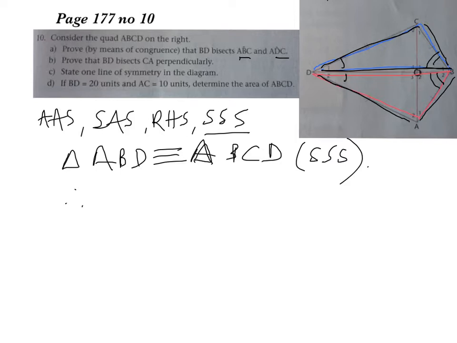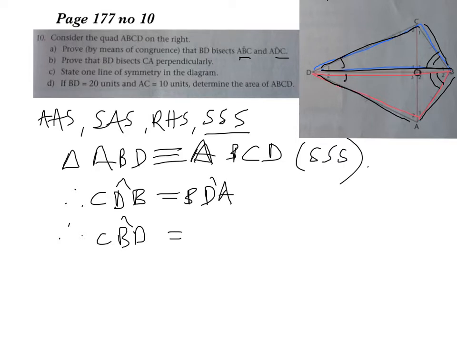Therefore, we can say that triangle CDB, angle CDB is equal to angle BDA, and CBD is equal to DBA.